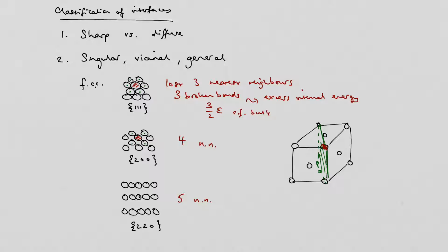So those are clear. If I were to give you a crystal structure, you would be readily able to identify those planes, the ones that have relatively low Miller indices. You can do those.